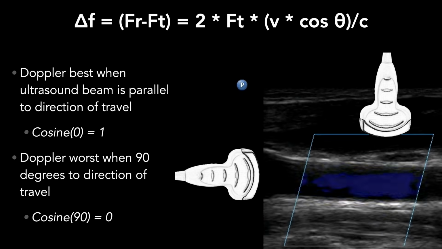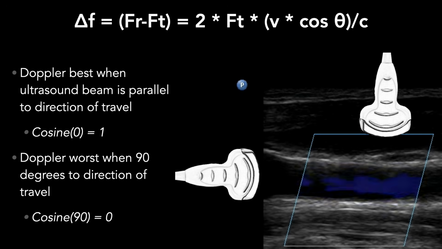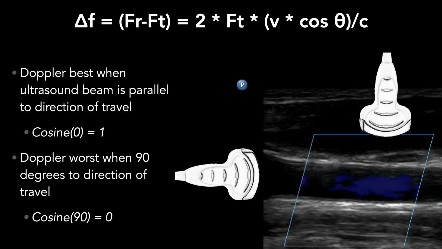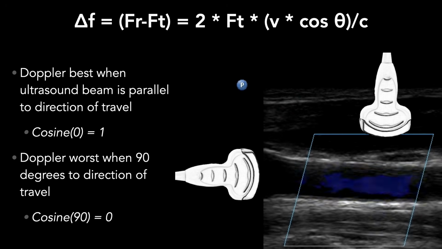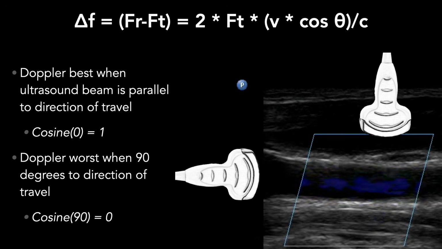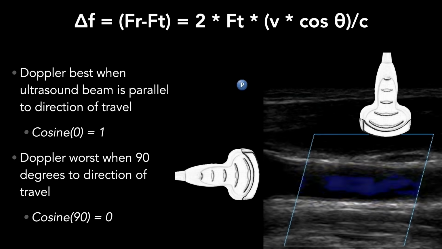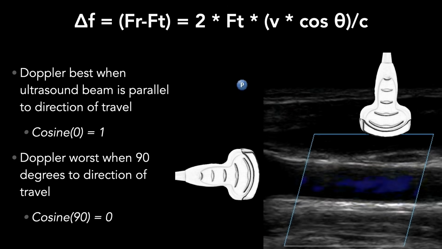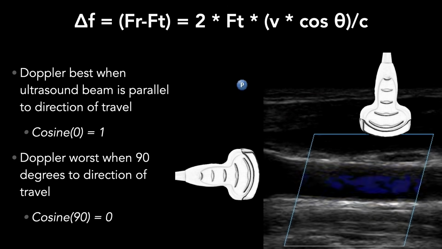Whereas if you're angled off to the left or angled off to the right, you might get a little bit of motion blur as this thing is approaching you when you take your picture. Very crude analogy, but the point is at 90 degrees, you get basically 0 frequency change because the cosine of 90 is 0 and the math doesn't work.